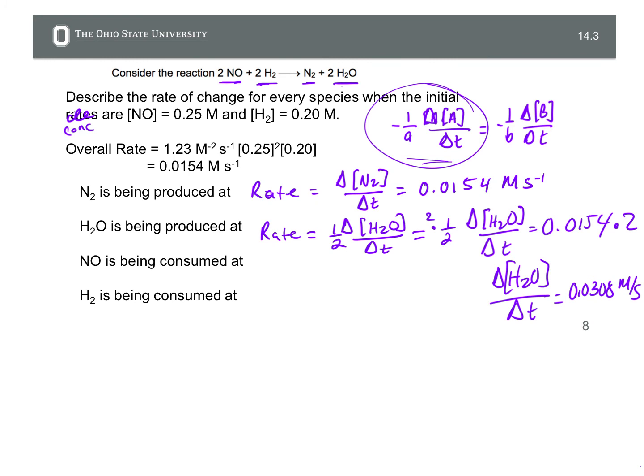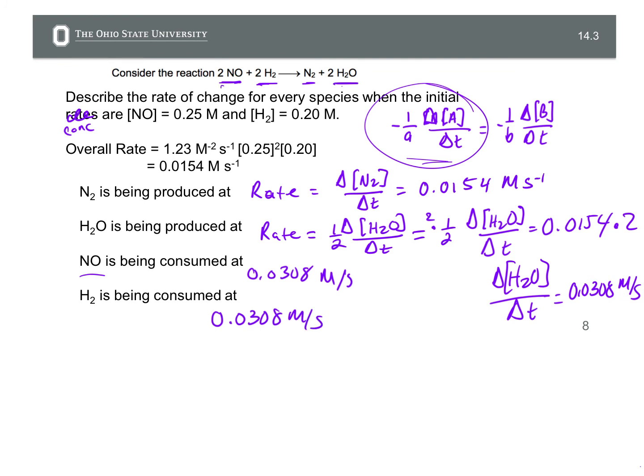So what is the rate that NO is being consumed? And you don't need to include the negative sign. Yeah, 0.0308. Same as the rate that H2O is being produced, and H2 is the same as well.